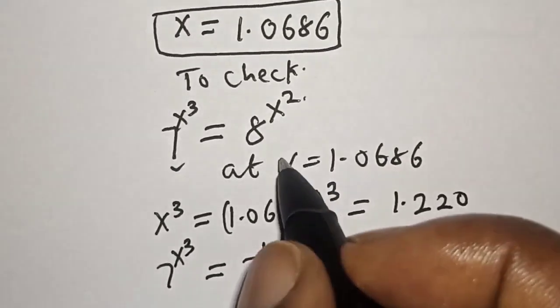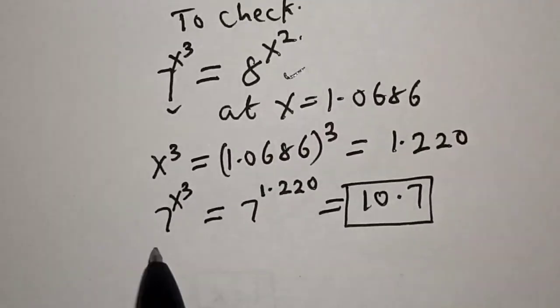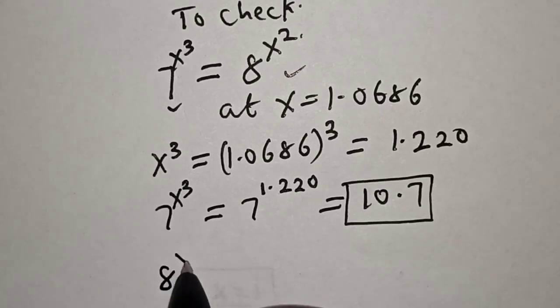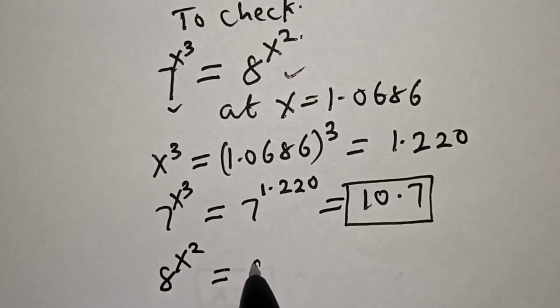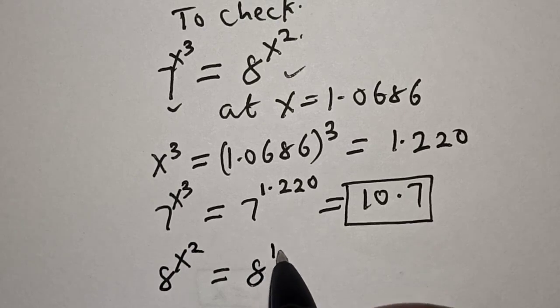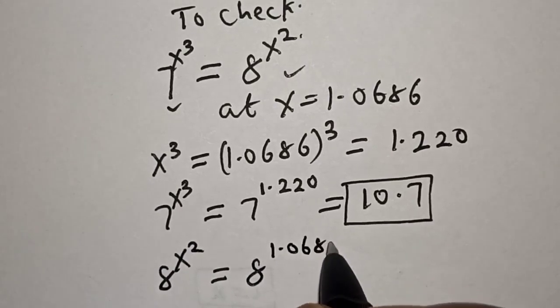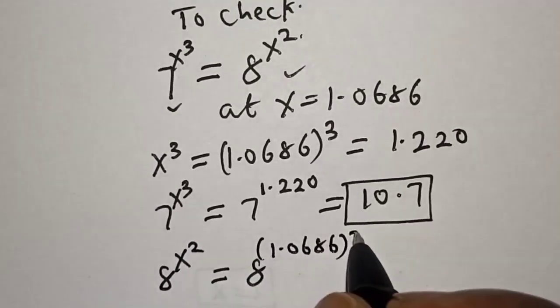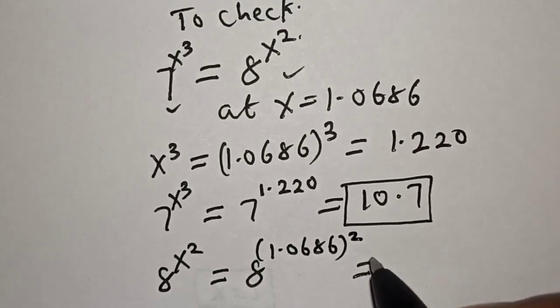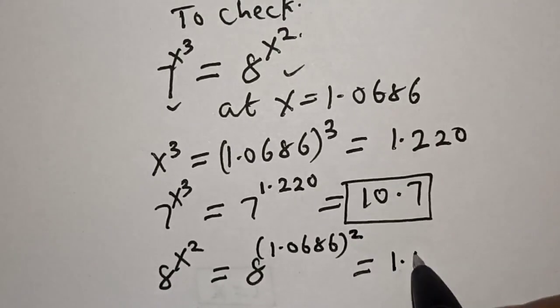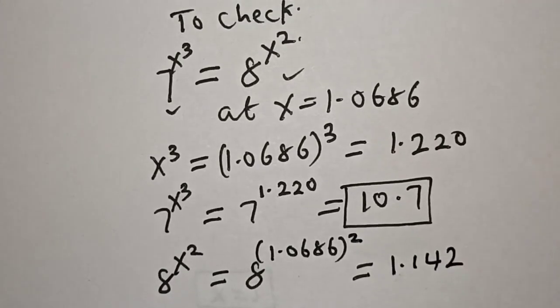Now for the right hand side, 8 raised to power s squared is equal to 8 raised to power 1.0686 squared. This is equal to 1.142.